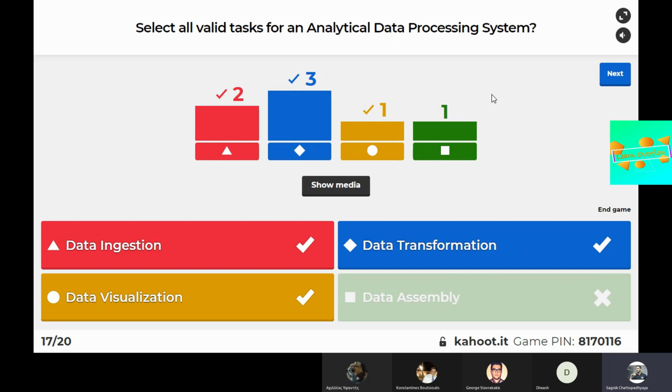For an analytical data processing system, we don't need data assembly. It clearly says in Learn with diagrams that we need data ingestion, an input, we need transformation, and we need visualization.